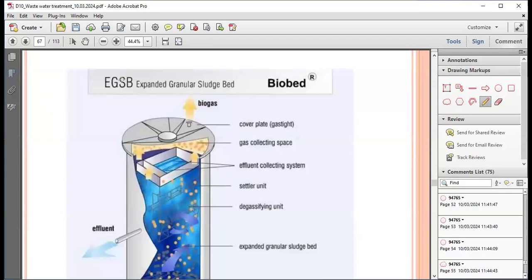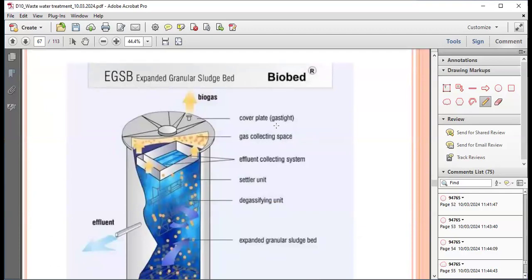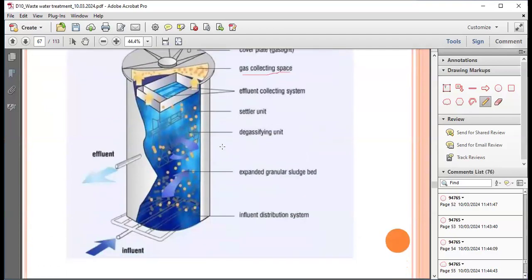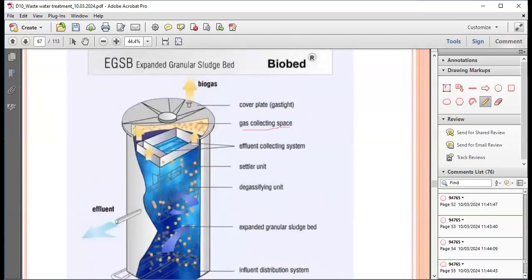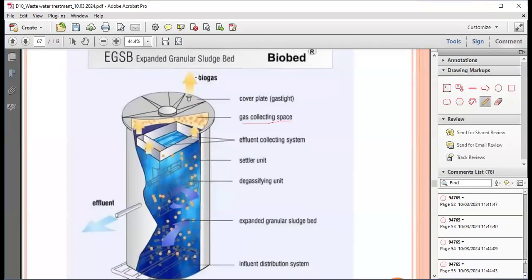EGSB, expanded granular sludge bed, the cover plate, gas tight. This is one type of reactor, EGSB, expanded granular sludge bed.